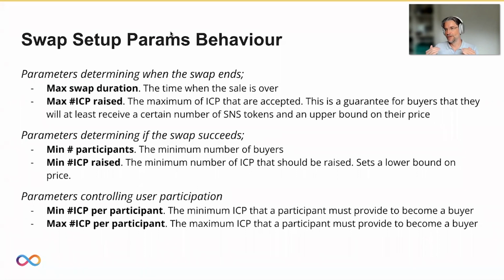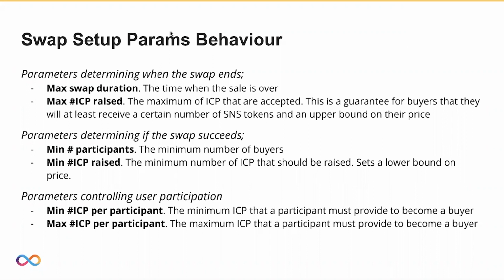So that effectively also sets a lower bound on the price for your token. So the minimum you're prepared to accept. And lastly, the last set of parameters are those that control how users can participate. So there's a minimum number of ICP per participant and the maximum to become a buyer.